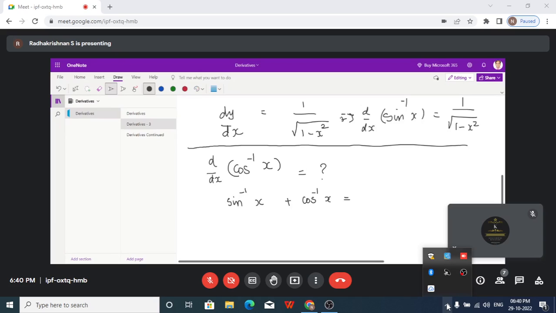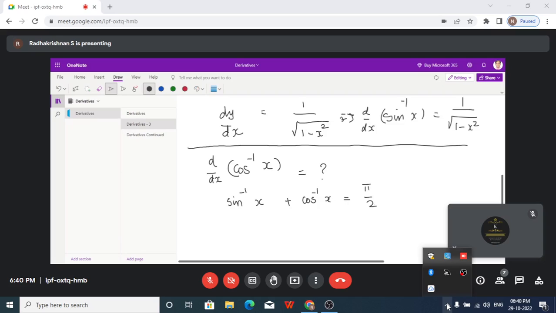Sorry, x equal to 1 ன்னு எடுத்துப்போம். If you take x equal to 1, sin inverse of 1 is pi by 2 and cos inverse of 1 is 0. So sin inverse of x plus cos inverse of x, you will always get it as pi by 2.